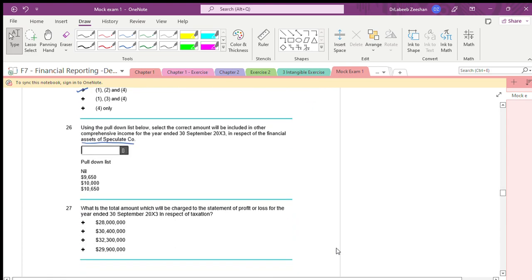What is the answer? The answer is 9,650. Again, I'm writing here. Cost is fair value.